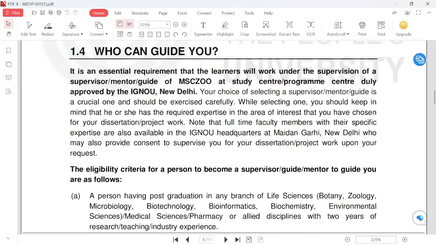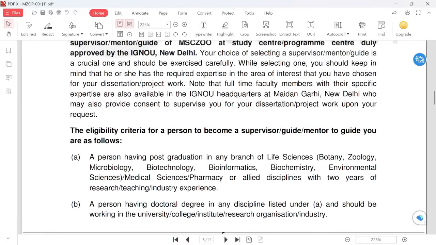Your choice of selecting a supervisor, mentor, guide is a crucial one and should be exercised carefully. While selecting one, you should keep in mind that he or she has the required expertise in the area of interest that you have chosen for your dissertation project work. So you must check the qualification of your supervisor.